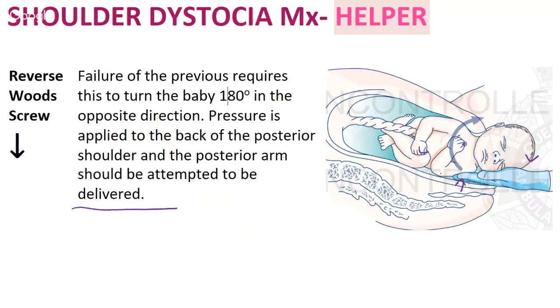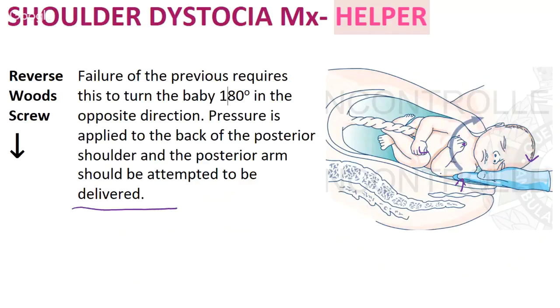In this situation, you're trying to move the baby in the opposite direction. So if the first direction in the wood screw didn't work, then you try to move the baby in the opposite direction by 180 degrees. And by doing that, you're attempting to deliver the posterior arm of the baby.